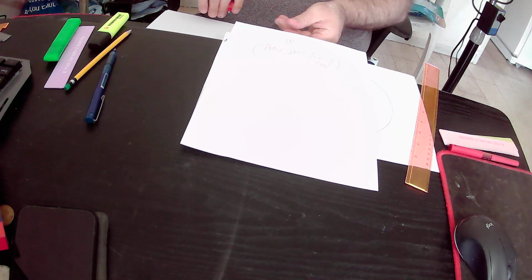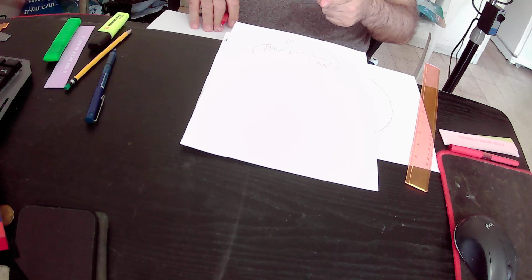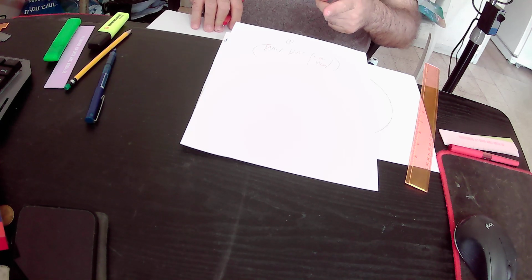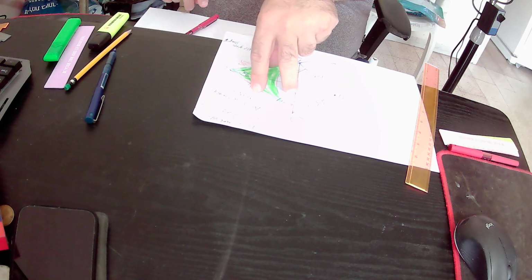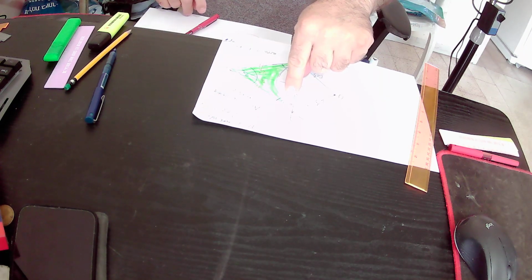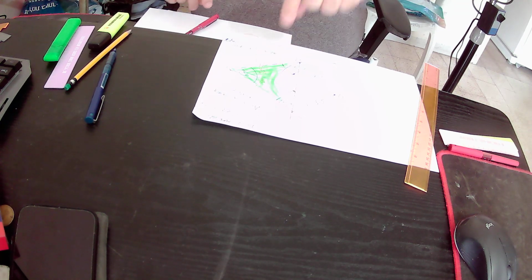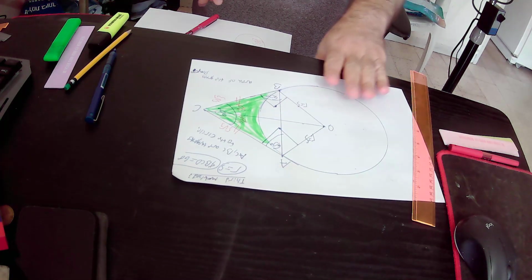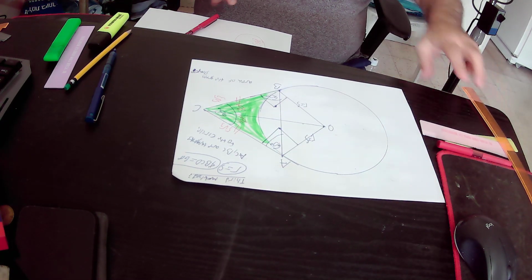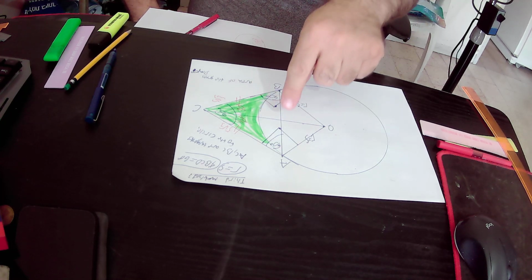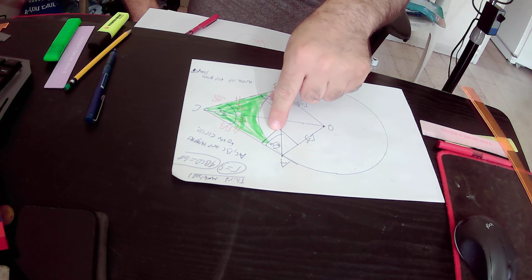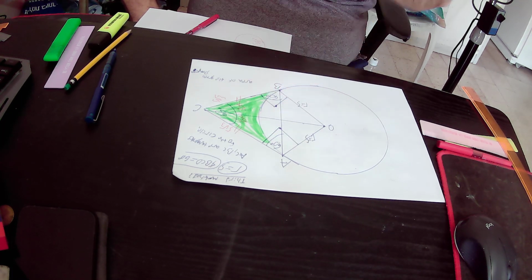Again, the area of the green shape equals the area of the equilateral triangle ABC minus the area of circular segment AB. Very simple.